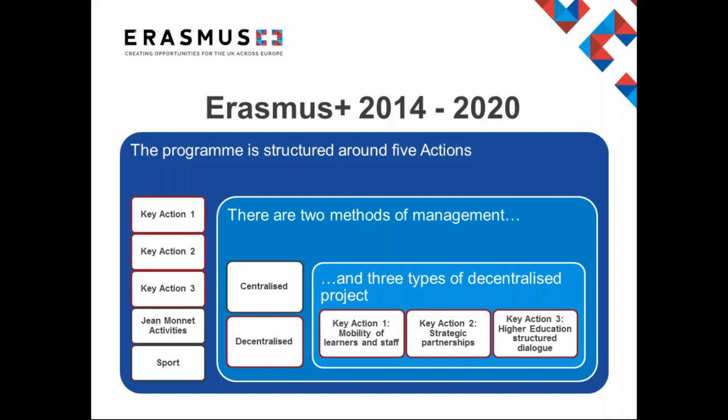For decentralised actions, you would submit an application directly to the national agency of the country in which you were based. So for UK organisations, you would apply to the UK National Agency, and your project can be handled in the UK. So in the UK, the decentralised activities, Key Action 1, 2 and 3, are run by the British Council and Ecorys jointly, and they form the UK National Agency.